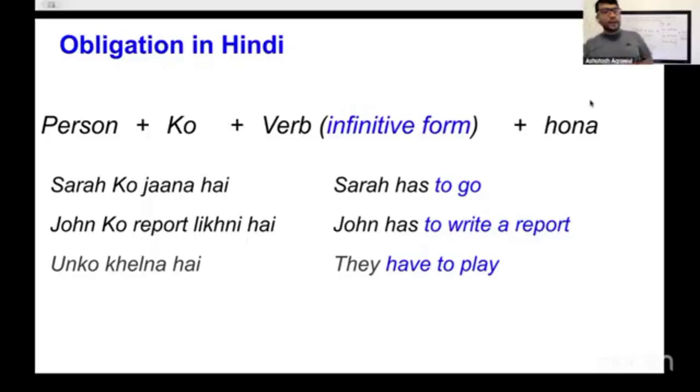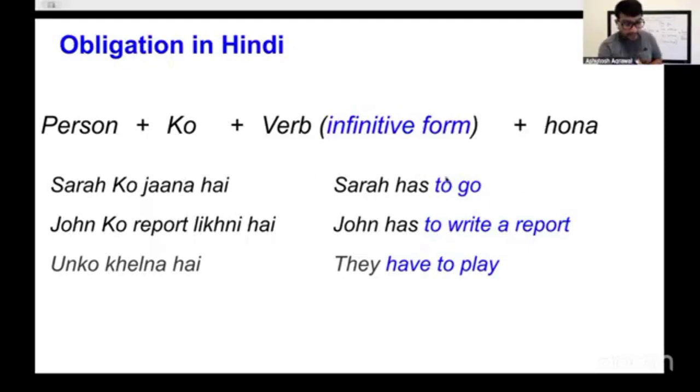So let's say the obligation is Sarah has to go, right? So Sarah ko, to go, as you explained, is jana followed by hai. Sarah ko jana hai, Michael ko jana hai.